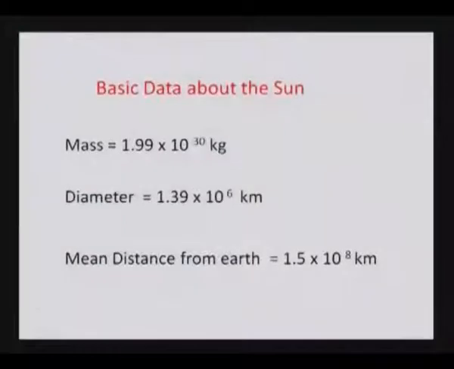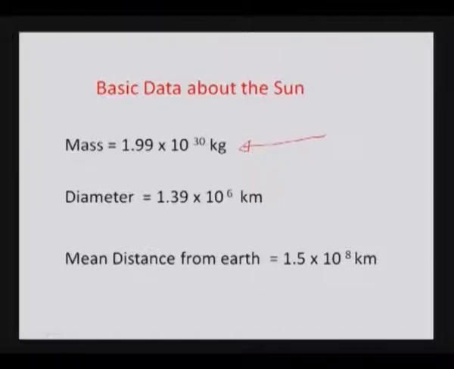Now, basic data about the sun, as you can see here: mass is about 2 into 10 to the power 30 kilograms. In comparison, Earth's mass is 6 into 10 to the power 24 kilograms.